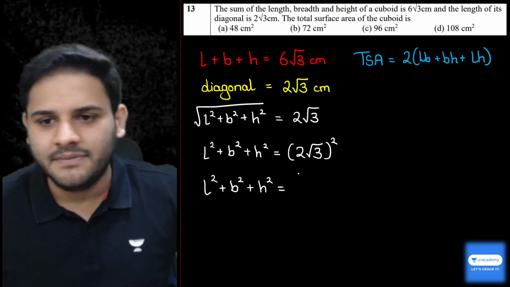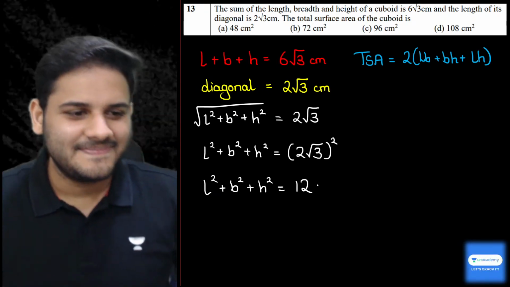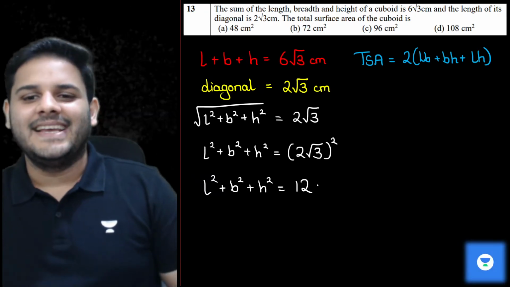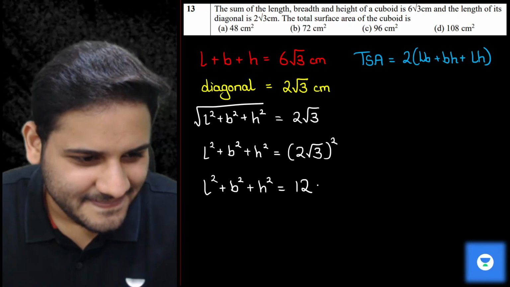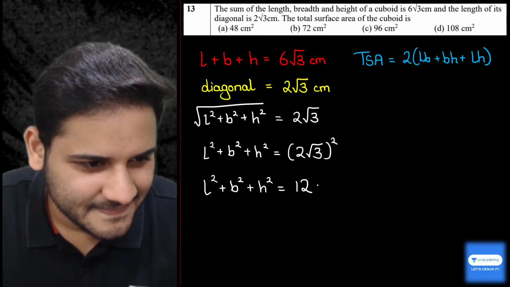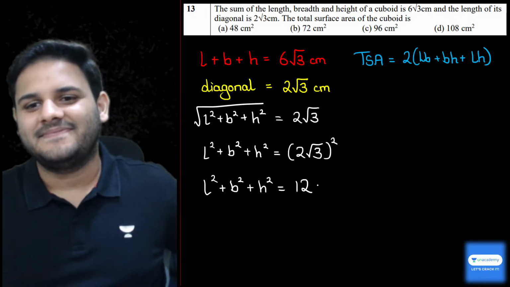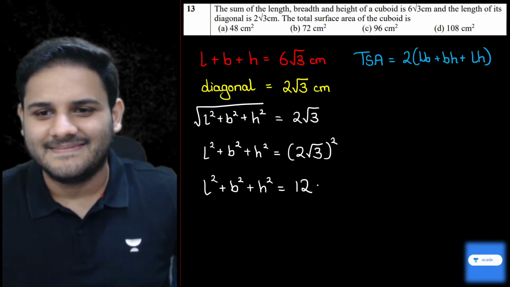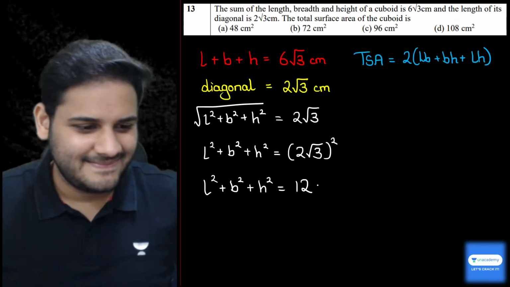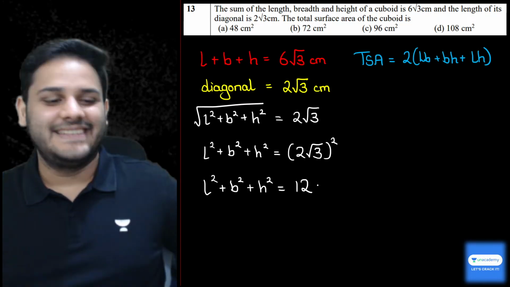Now what will be done? L square plus B square plus H square is equal to 12. What can be done here?